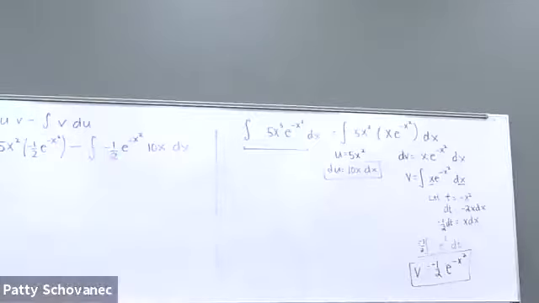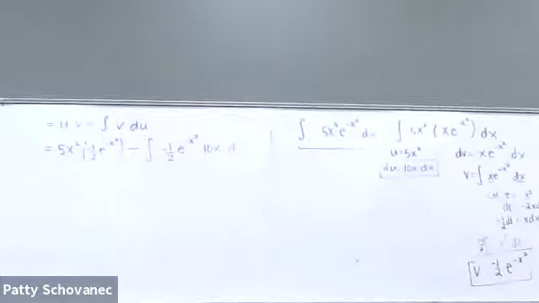Make sure you know where everything comes from before I write the next line. Okay, again, uv minus the integral of v du. We've got to simplify the v du integral. I can take half of 10 and get 5.